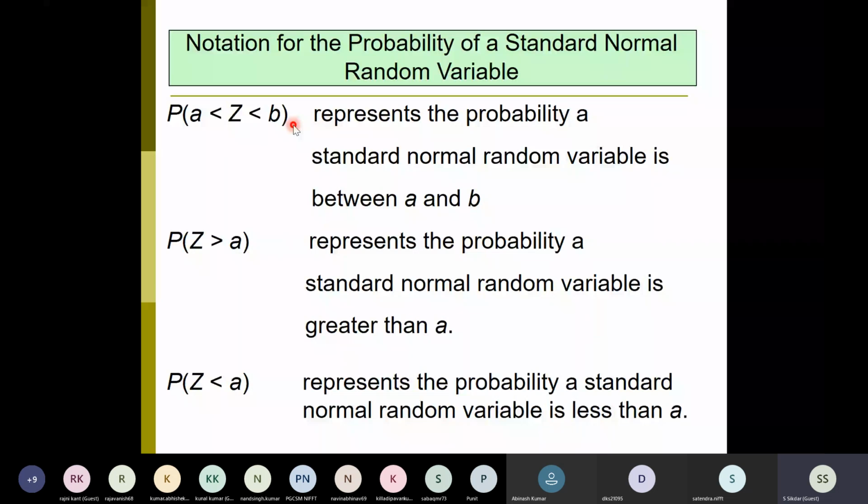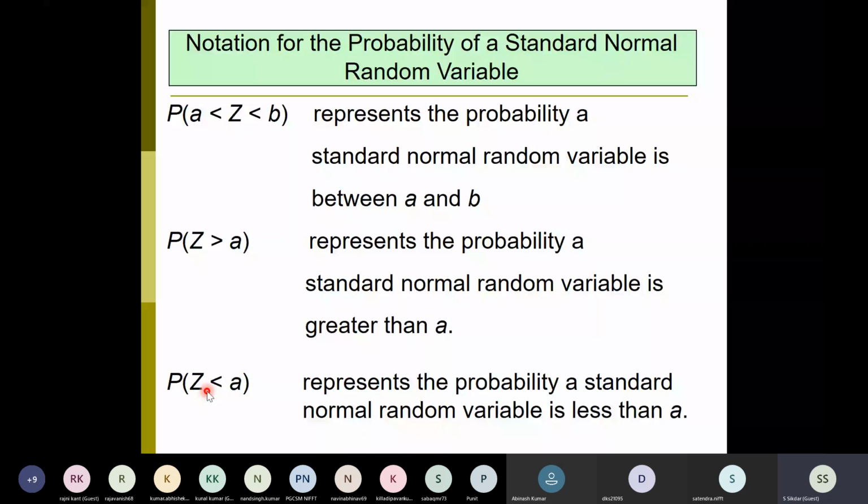Z greater than A means anything beyond A, so anything on the right hand side of the normal curve. Always remember, on the right hand side is anything greater than A, and if it is less than A, that means the left hand side.